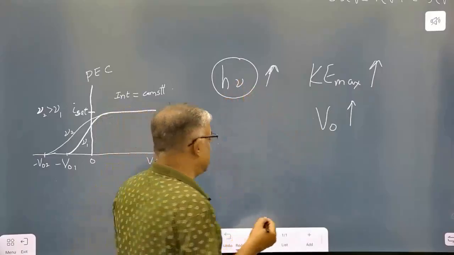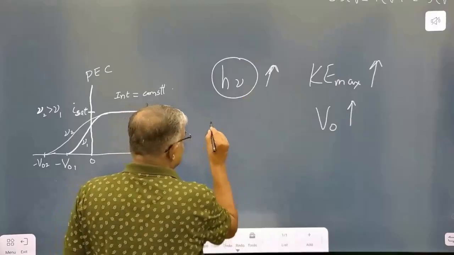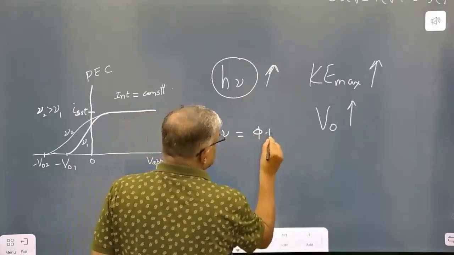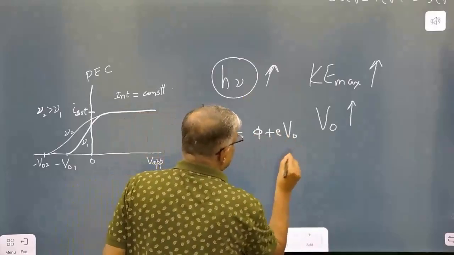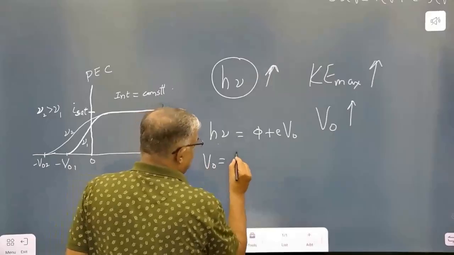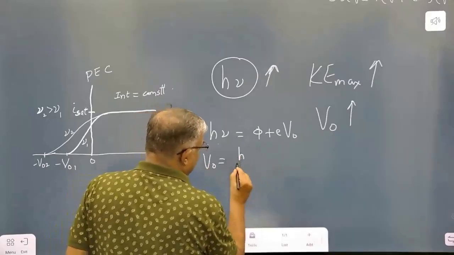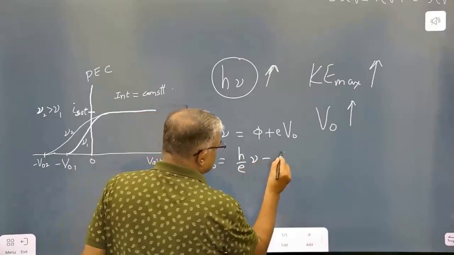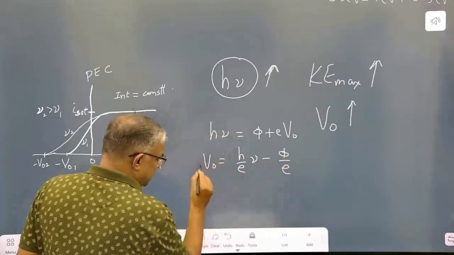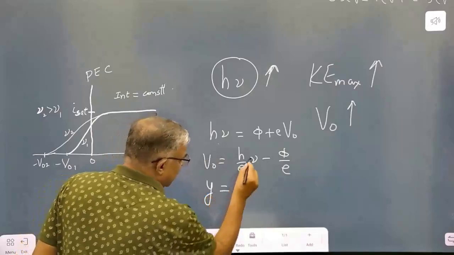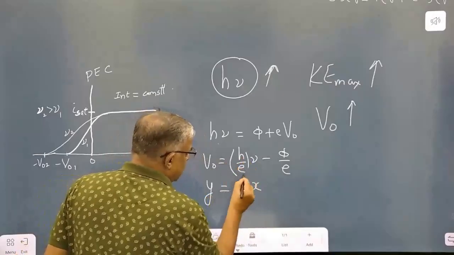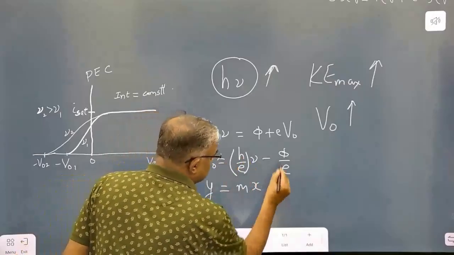And this relation can be better written as h nu equal to phi plus e into V naught, which means V naught equal to h by e times nu minus phi by e. Now, if you represent this on y-axis and frequency on x-axis, then this is the slope and this is the intercept.